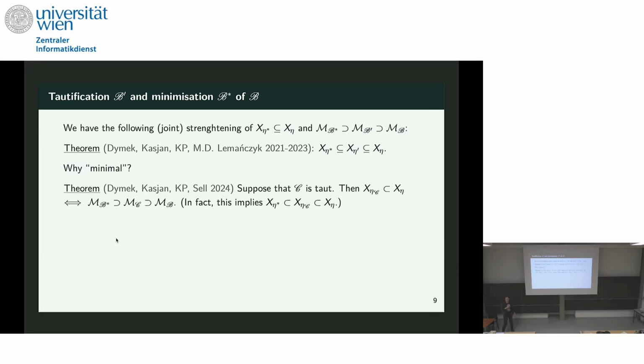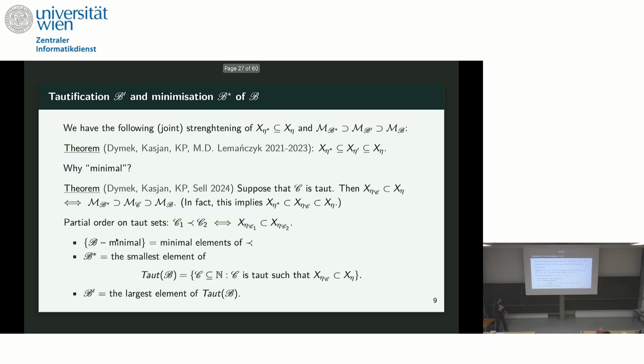Okay, I want to add some more words to the explanation why we call these sets B minimal. Namely, there is the following result. Suppose that C is taut, then the corresponding C-free subshift is a subset of X eta if and only if we have these inclusions on the level of sets of multiples. So in fact, this implies inclusions on the level of subshifts. And this leads us to the following definition of a certain partial order on taut sets.